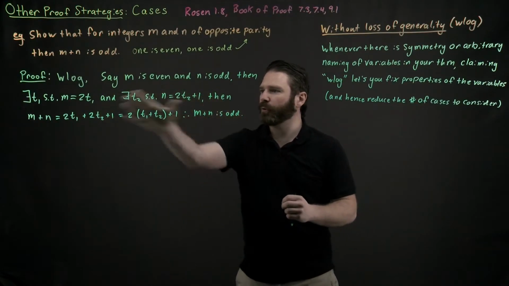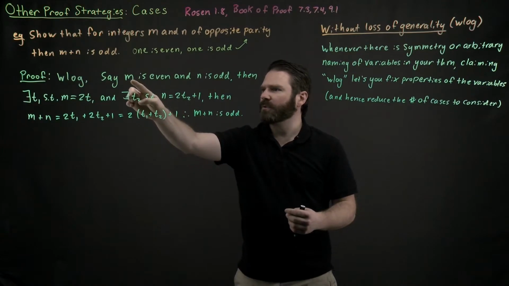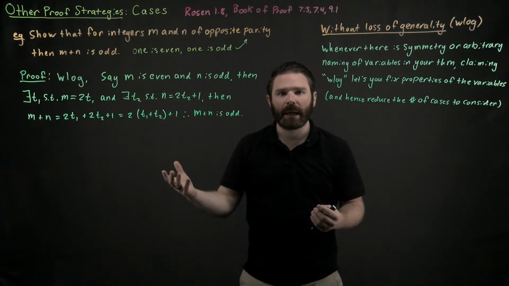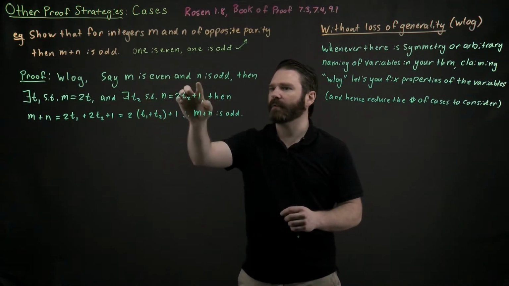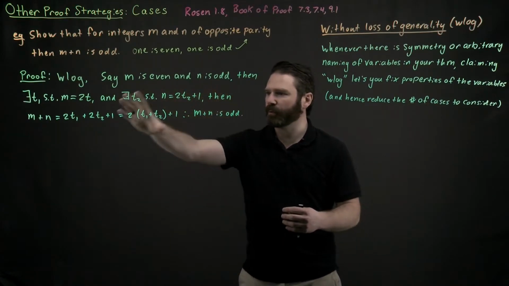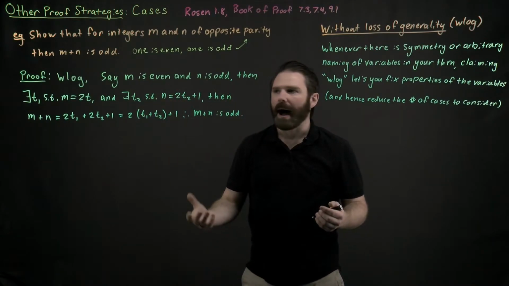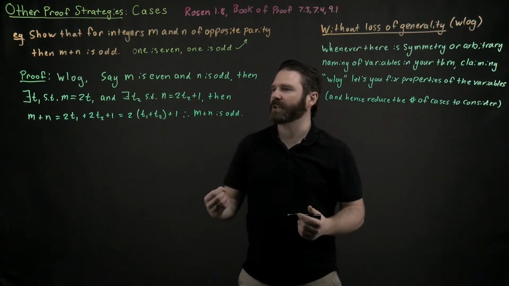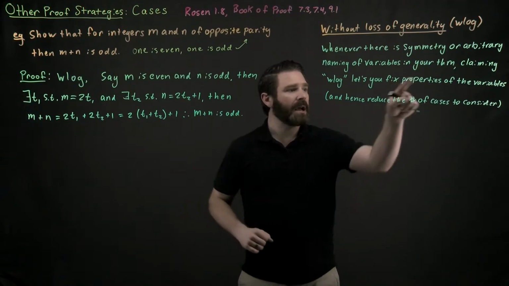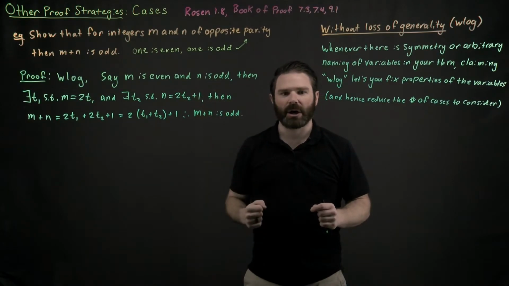So this proof right here is going to work if you just replaced wherever you saw an m with an n and wherever you saw an n with an m. And so, since this proof is going to work, no matter how we name these m's or n's right here, I can say without loss of generality, let's just fix a property of the variables that m is even and n is odd.